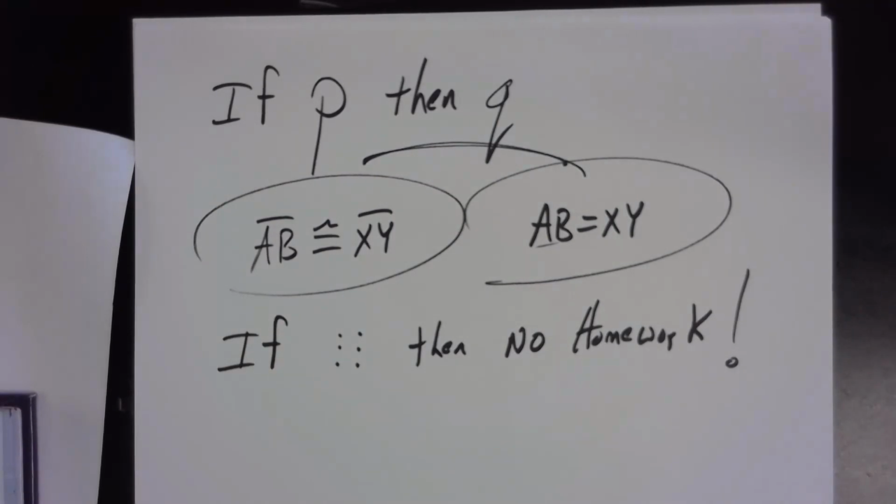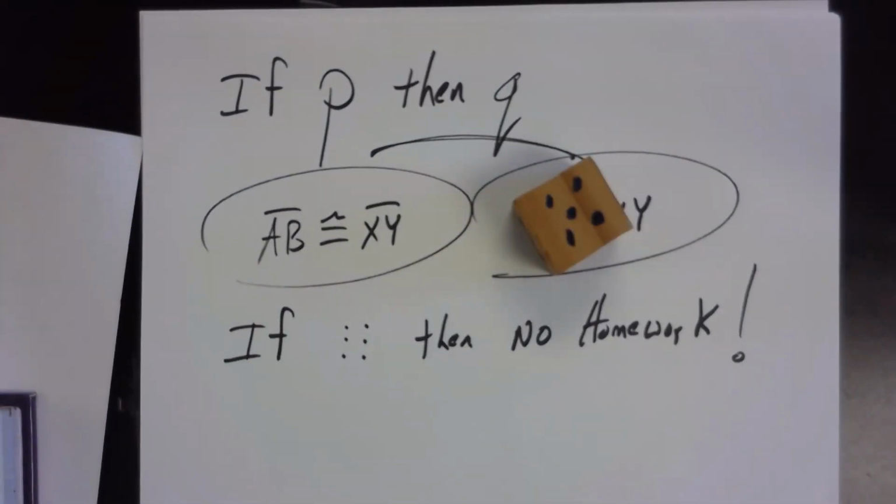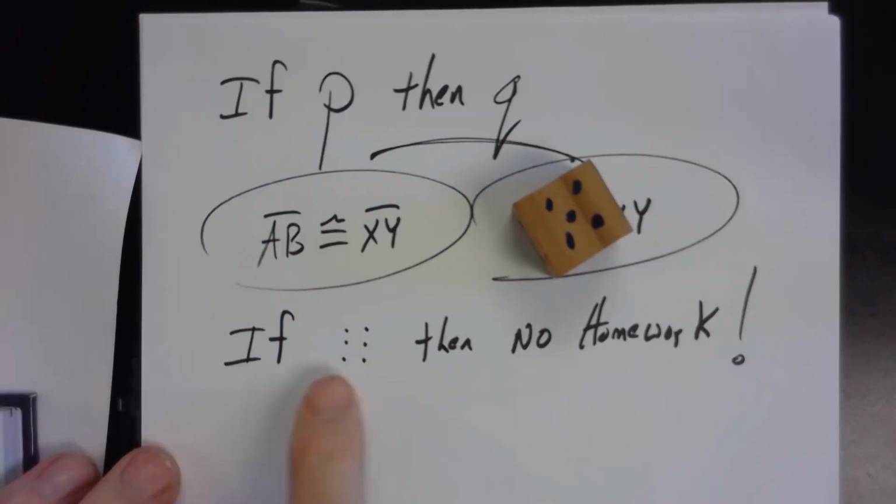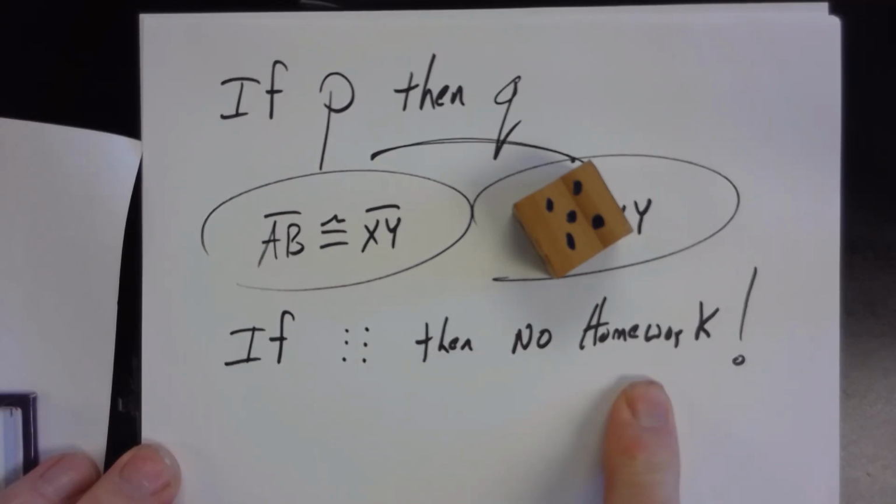Dang it! 5. Close enough. So there is no 6 on the dice. So this is a true statement, but was the first part of it true? No. So can we conclude no homework? We can't conclude that, okay?